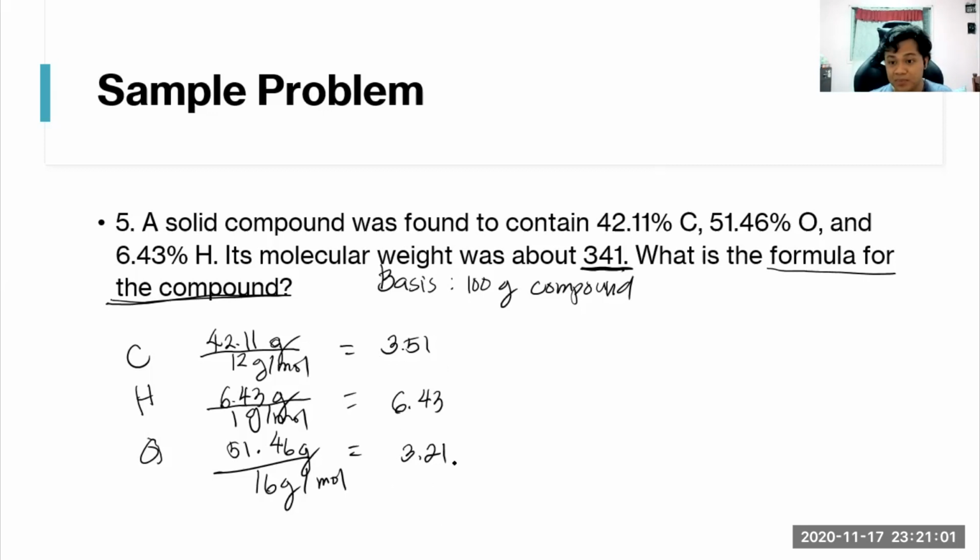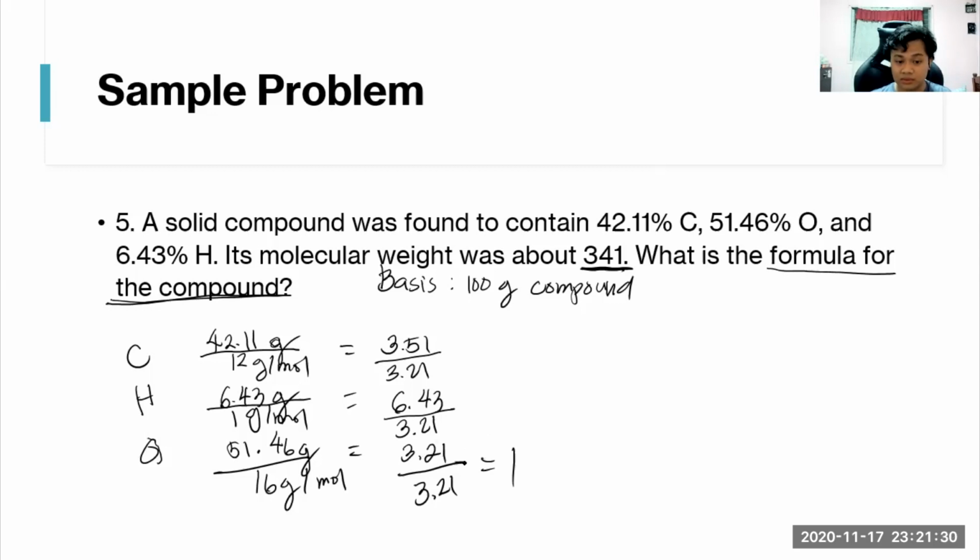The lowest number of moles among the three elements is oxygen, so we divide all of them by 3.21 so that we get the ratio of each element in the compound.